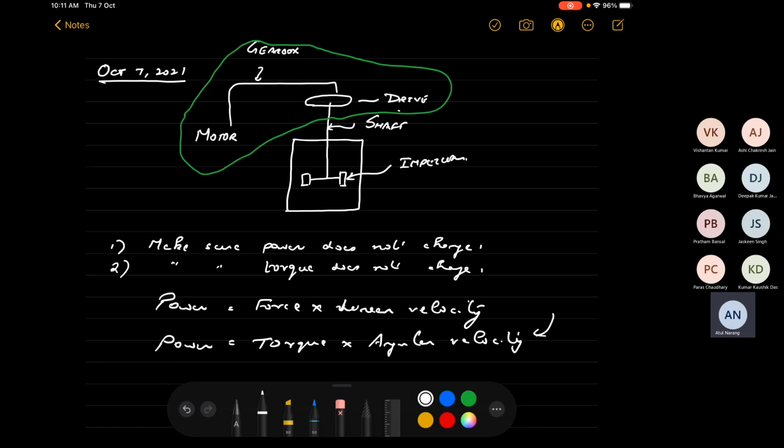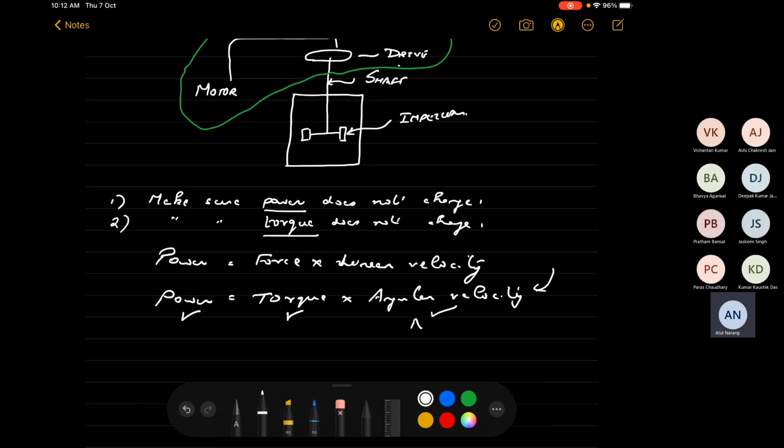Now, if you stipulate that the power cannot change and the torque cannot change, then obviously the angular velocity cannot change. So essentially, your impeller speed n sub I, in revolutions per minute or revolutions per second, is not going to change during the retrofitting.